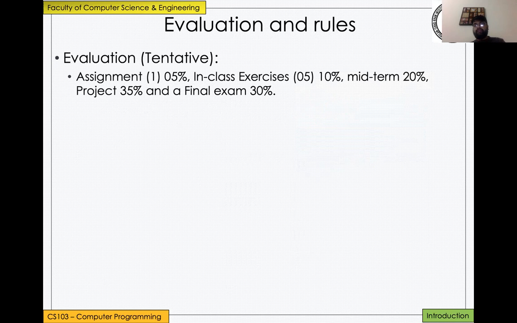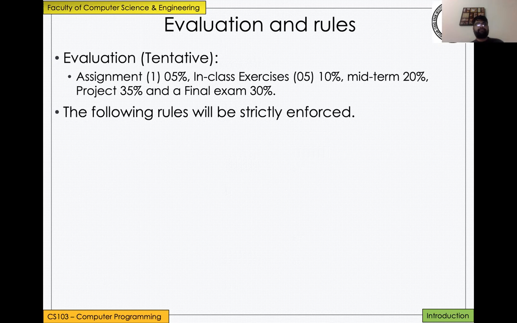We've already held your midterm, which constitutes around 20% of your weightage. Then we're going to have a project, which is going to be about 35% of your total weightage, and finally a final exam, which constitutes 30% of your final weightage.